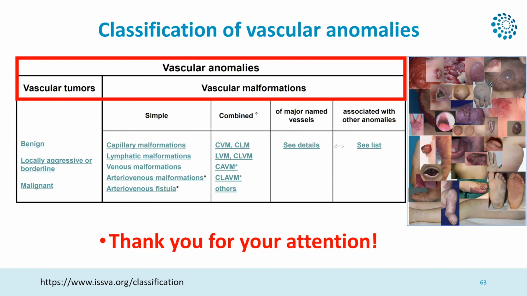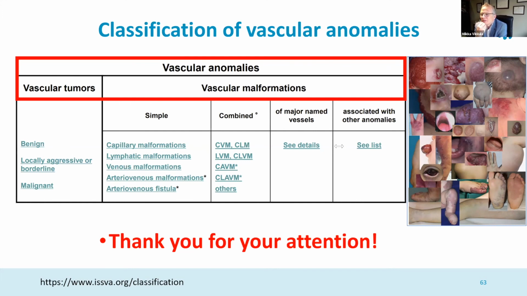Leo wrote in the comments that collaborative biobanking and the registries will be extremely important for this. The registries are set up according to the FAIR principles, which assures optimal data sharing. Thank you, Leo. Within the International Society for the Study of Vascular Anomalies, or ISSVA, a new working group has just been set up to think about the whole classification and how to make it more approachable, because it's getting more and more detailed.